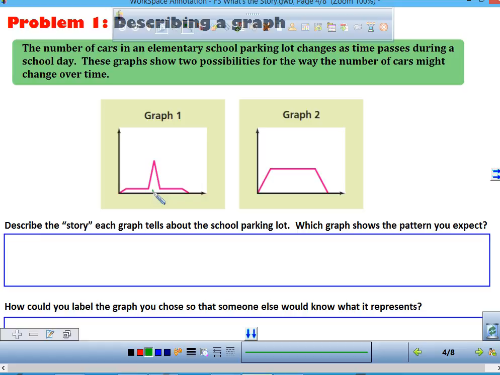Rory? Okay, that's exactly what it shows. Please pay attention. It shows there's some people that get here and then they stay there all day. Who are those people probably? Probably teachers or people that work at the school. They get there, they stay there all day because there's at least that level amount of cars the entire day.